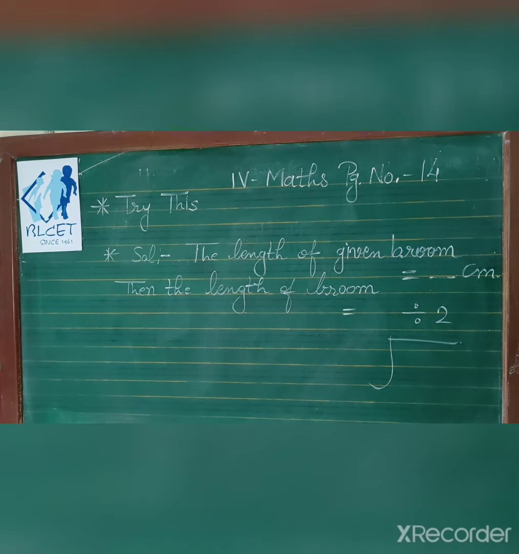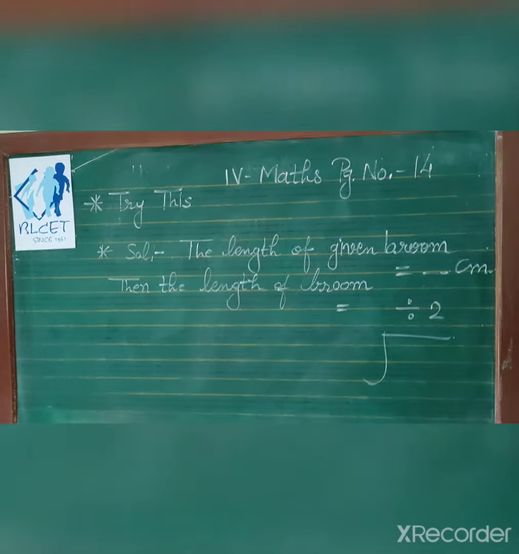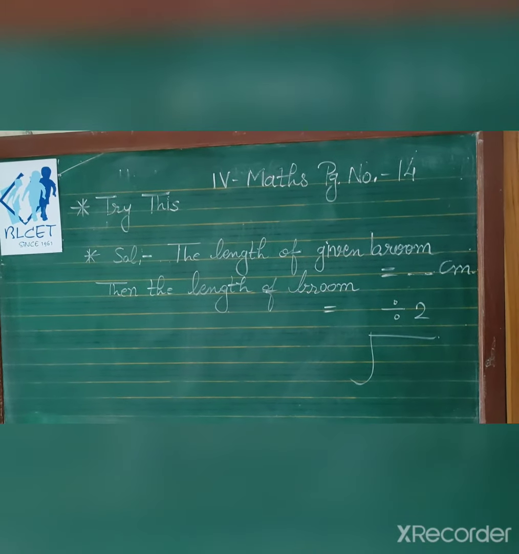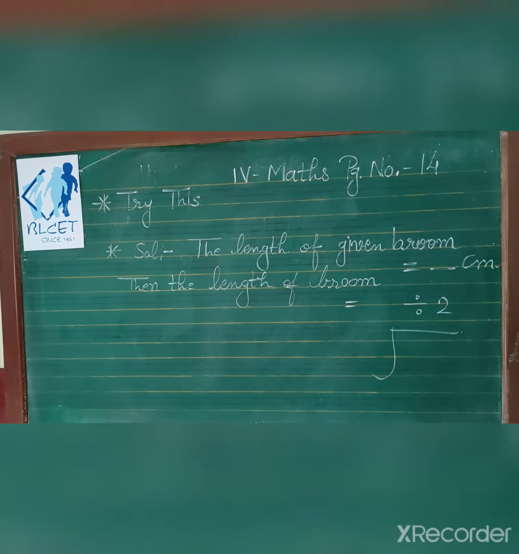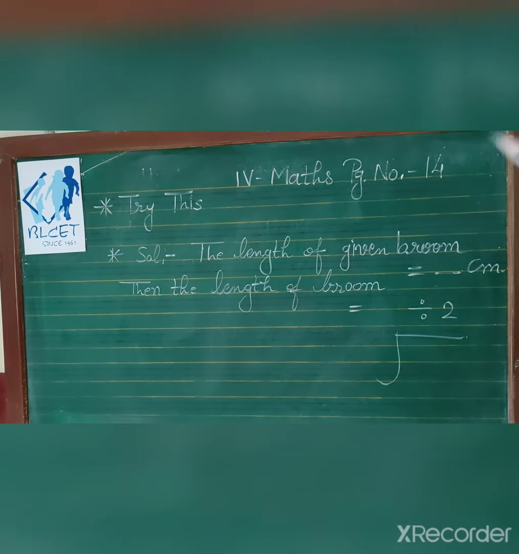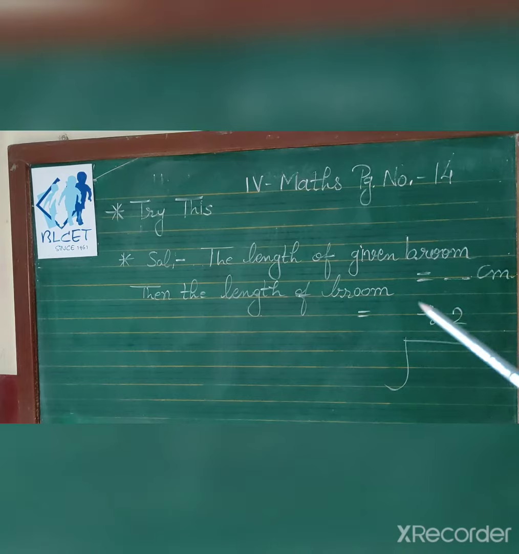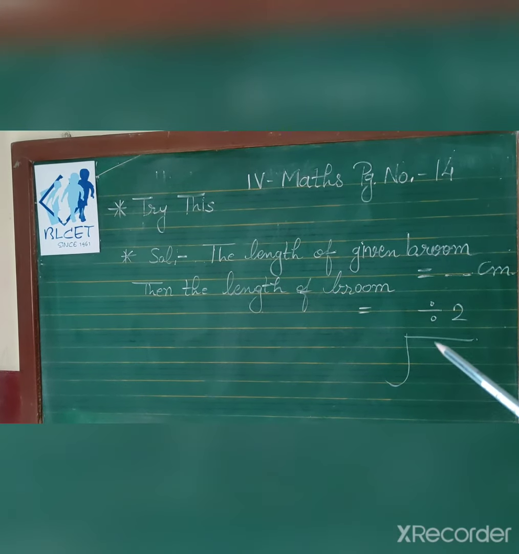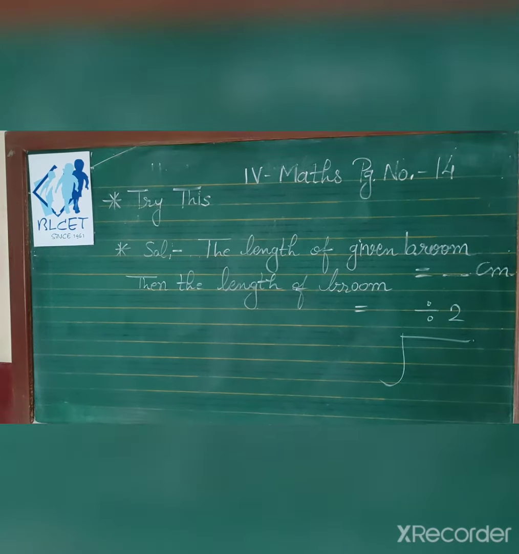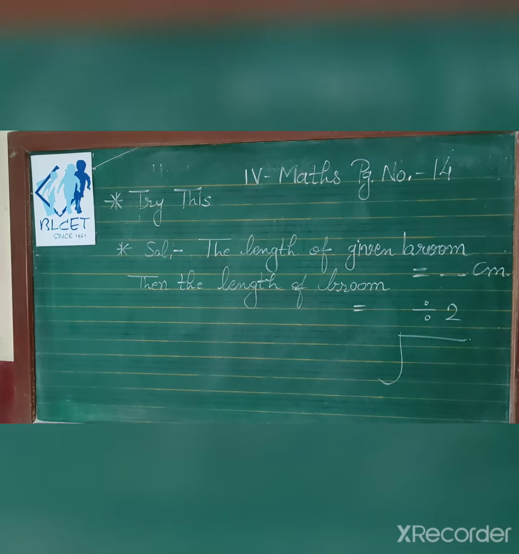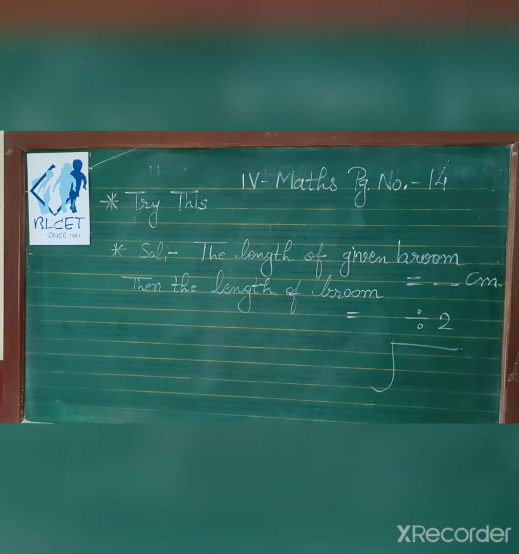Now third is the length of the given broom. Whatever length you get, you will measure and write here. Then the length of the broom that you have to draw, whatever length is there, divide by 2, and show the division here. Okay, and this work you will do in the Interleaf notebook, on the blank pages.